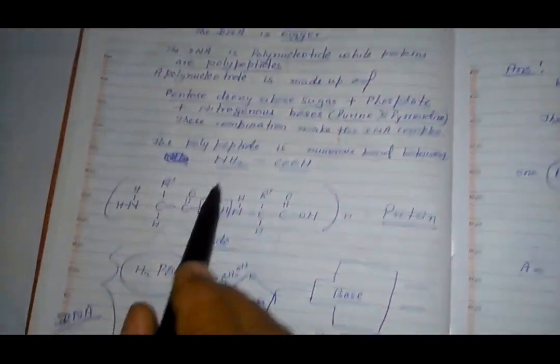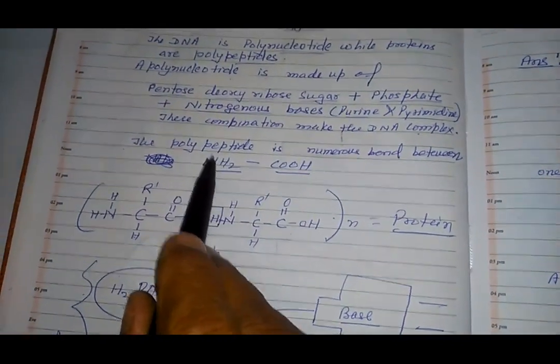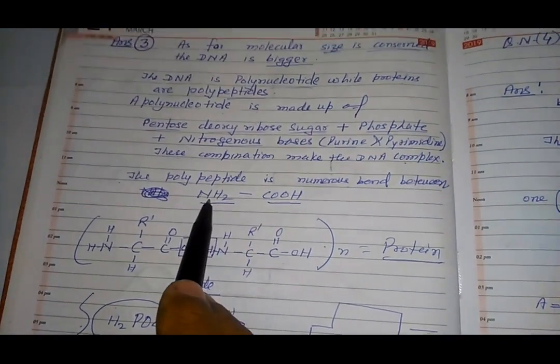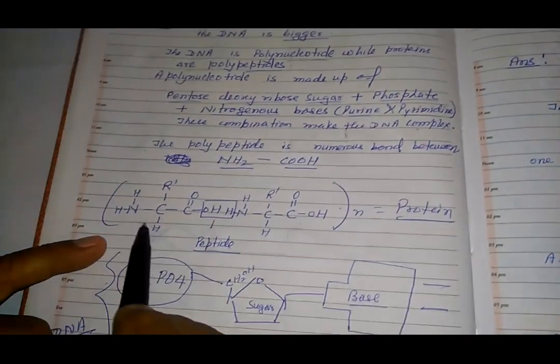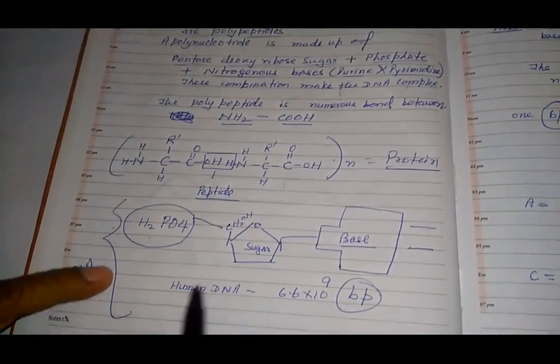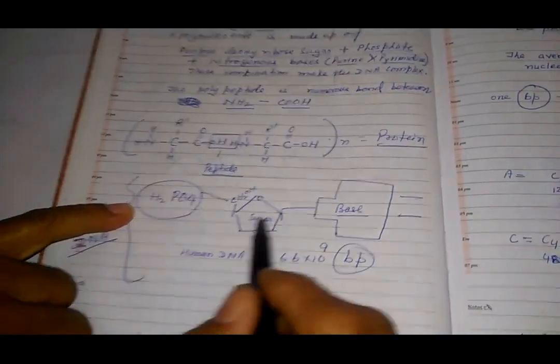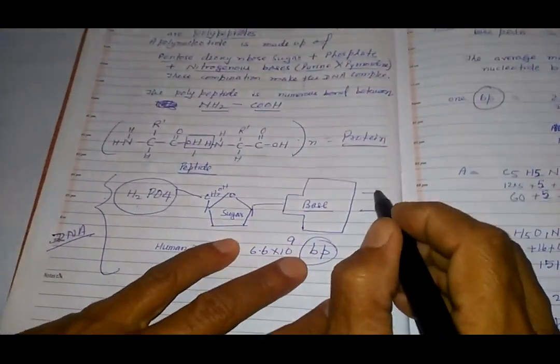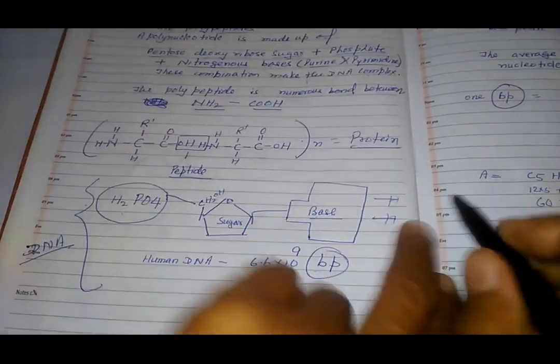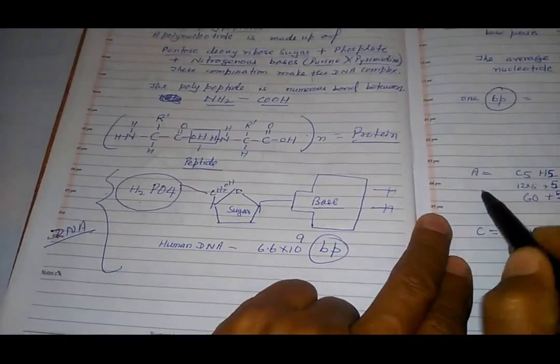If you analyze biochemically, polypeptides have peptide bonds formed between the amino and carboxylic groups. And when you talk about the DNA structure, there is a phosphate, sugar and base on one side, joined by hydrogen bonds with the other base, sugar and phosphate.